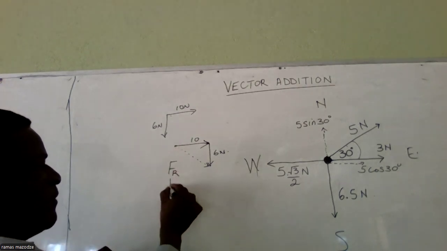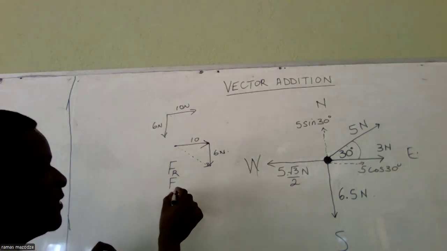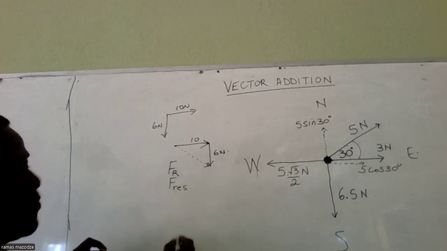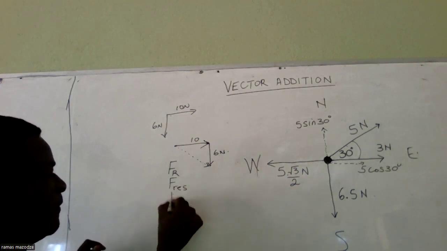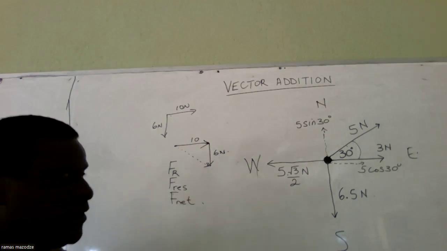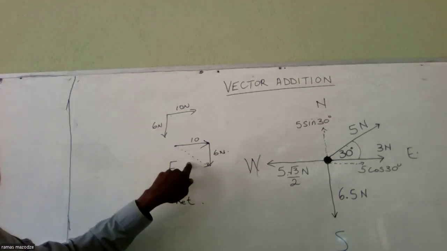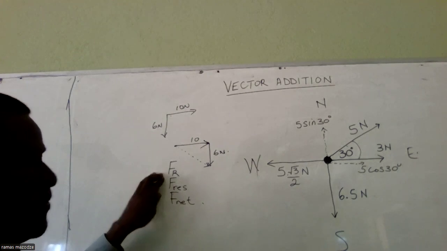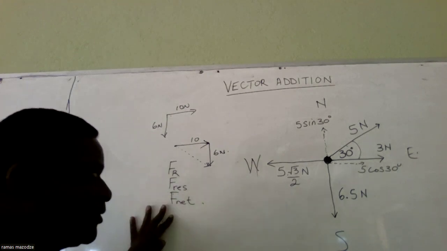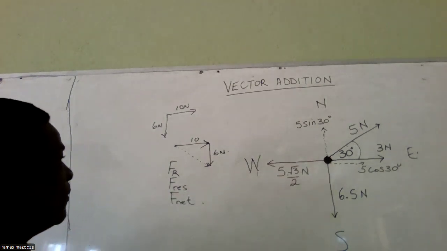Or if you are doing the IEB or the South African syllabus, this is F res, you've seen this. We also call it F subscript net, which is F net. All these are variations of the same thing. By definition, this is the sum. So if you are asked to define resultant force or net force, you just say it is the sum total of all the forces acting on an object. Good. So that's how you do it.